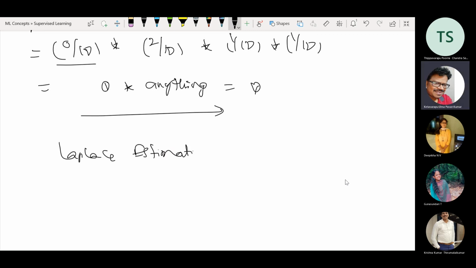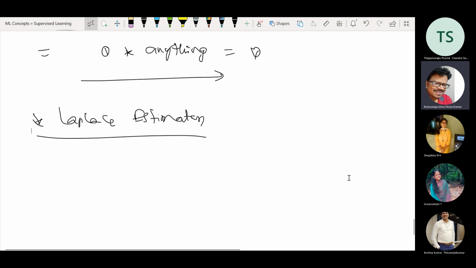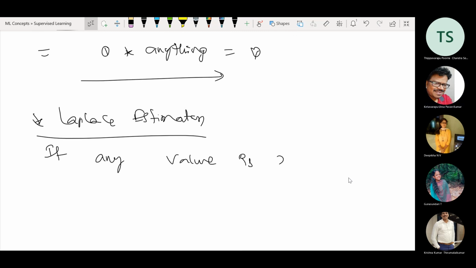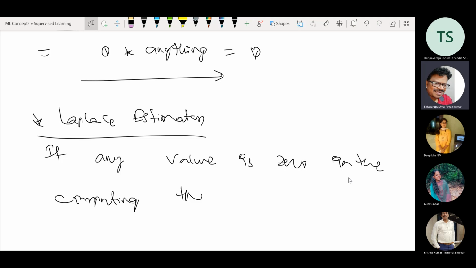Laplace estimation. What we mean by Laplace estimation is that if any value is zero in the computing, then it becomes zero probability.